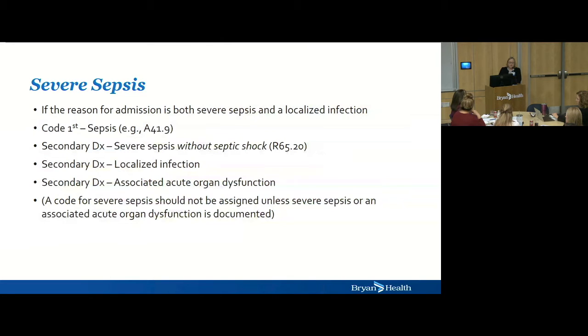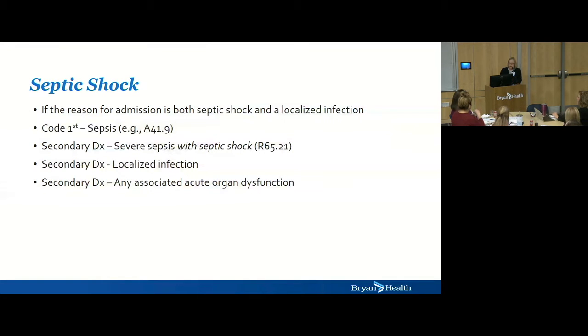And again, remember, coders cannot code that the patient has severe sepsis unless the provider documents severe sepsis or documents that the acute organ dysfunction is secondary to sepsis. And then septic shock. If you have a patient that's being admitted with septic shock, sepsis is again the first listed diagnosis, followed by secondary codes of severe sepsis with septic shock, then the localized infection, and then any associated organ dysfunctions.